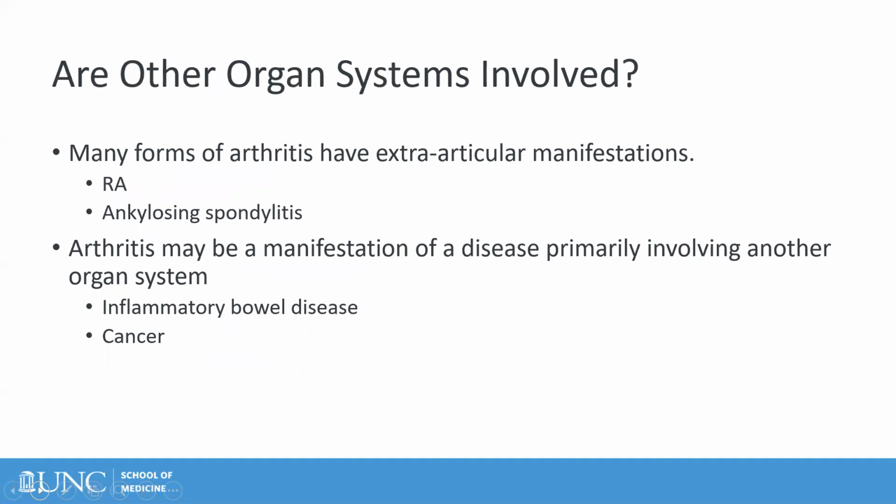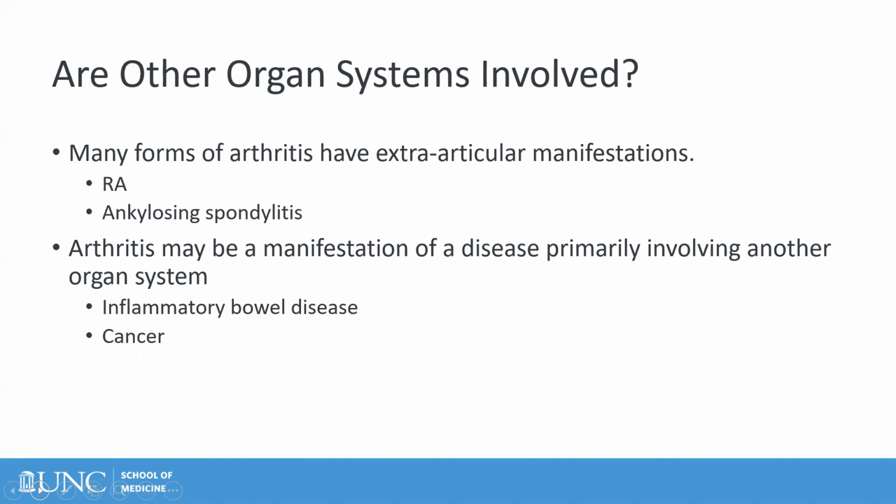The other thing you want to think about as you're evaluating your patient is, are there other organ systems involved? Many forms of arthritis will have extra-articular features. And the flip side is also true: many diseases that are primarily a disease of another organ system may present with arthritis.